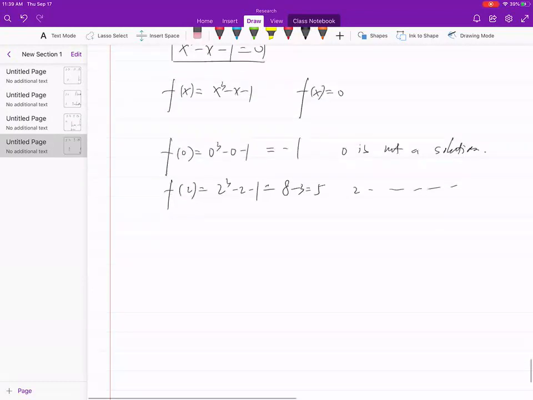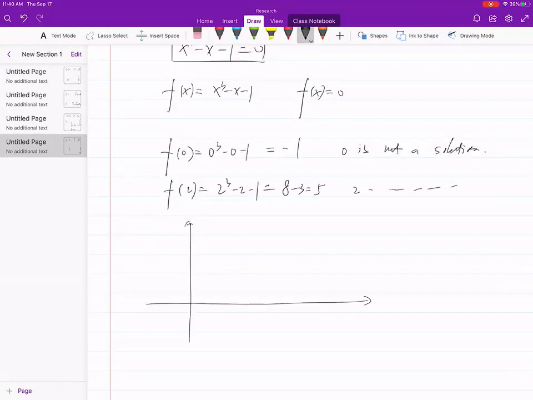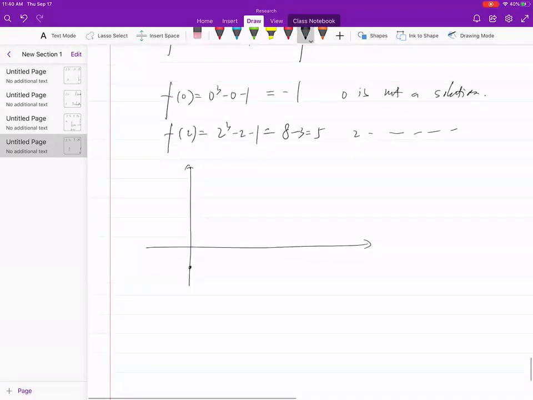But now wait a second. What did we just do? We have a function whose shape we don't know. We do know if we plug in 0, we have -1, which is not a solution. I agree. If we plug in 2, we do have 5, which is not 0. I agree. Good so far?